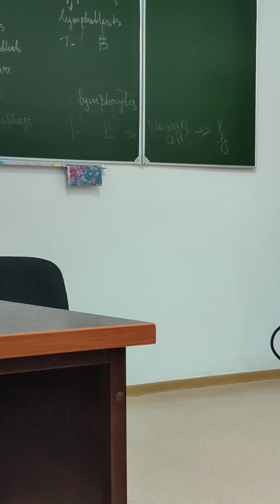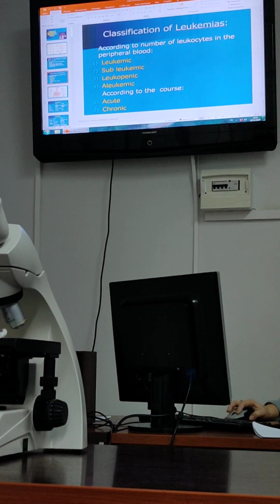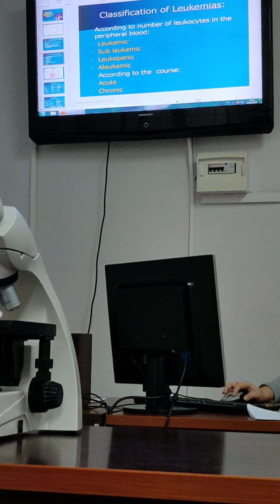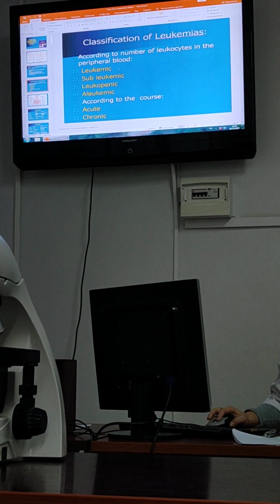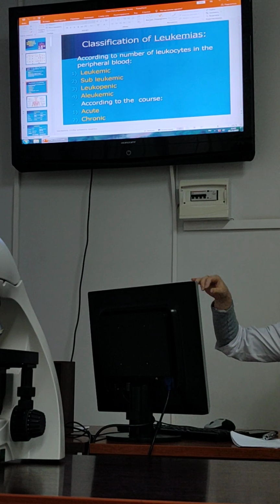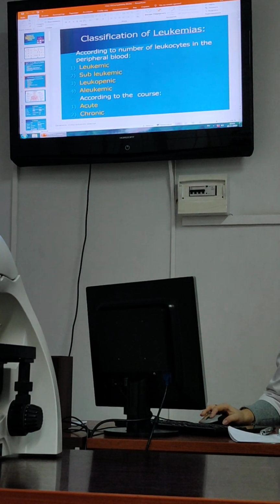Some details need to be discussed. So, classification of leukemias according to the number of leukocytes in the peripheral blood: leukemic, subleukemic, leukopenic, aleukemic. If there is a severe increase, more than 25,000 per microliter, 25 and more, it's called leukemic.